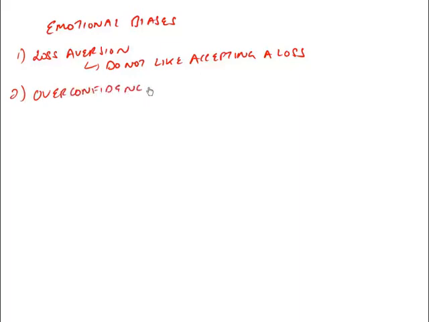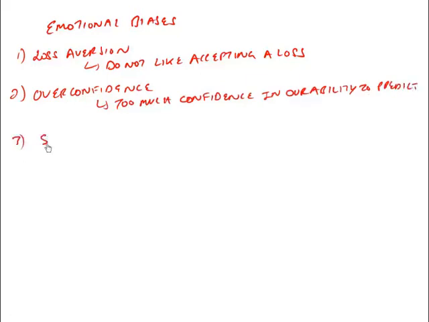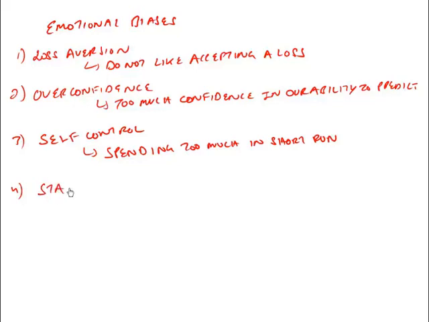And that was simply too much confidence in our ability to predict. The third emotional bias is called self-control, which basically said that we end up spending too much in the short run. Fourth was the status quo bias, which said that unless asked to reevaluate, investors do nothing.